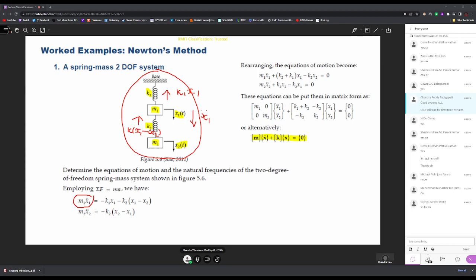So we take the downward force as positive, then we can write the net force acting on the system as m1 into acceleration, x1 double dot.